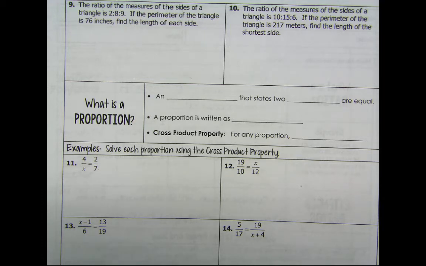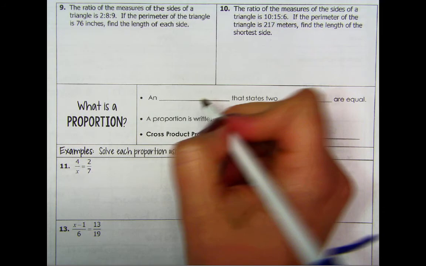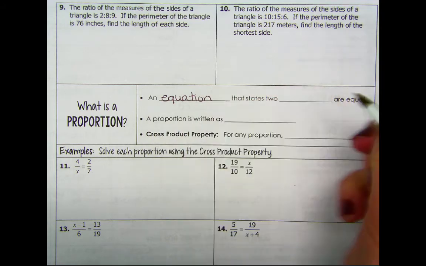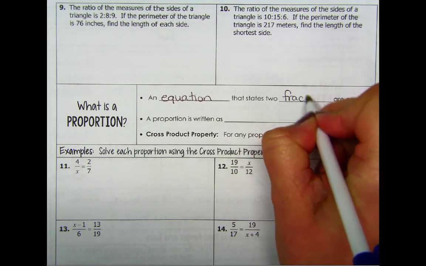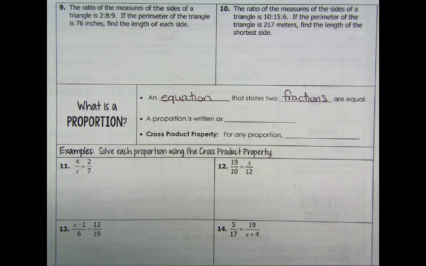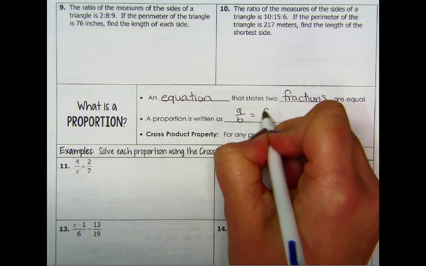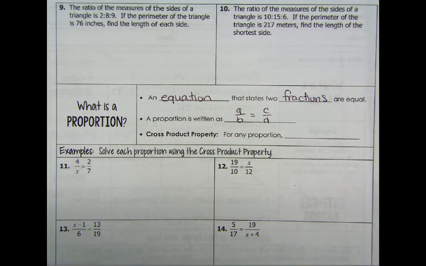And now we're going to start to talk about a proportion. So a proportion is an equation that states that two fractions are equal. A proportion is usually written as something like a over b is equal to some other fraction like c over d.